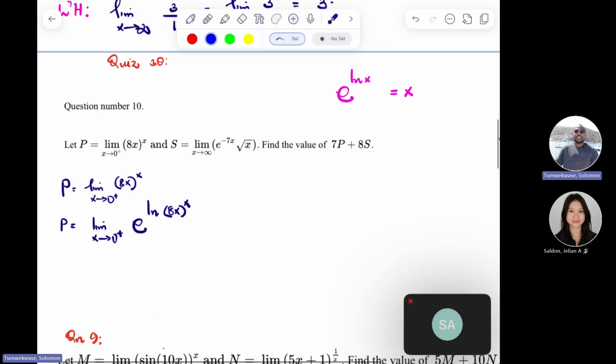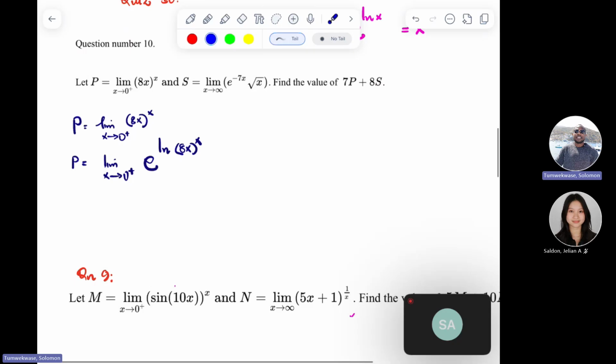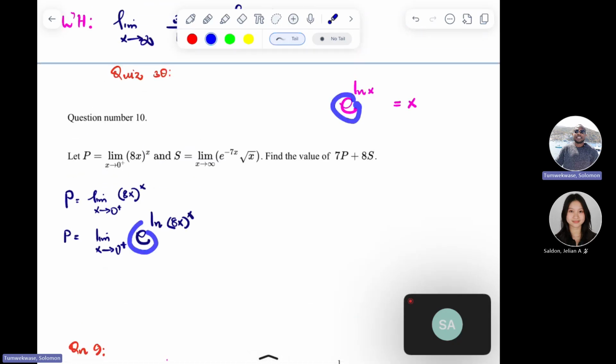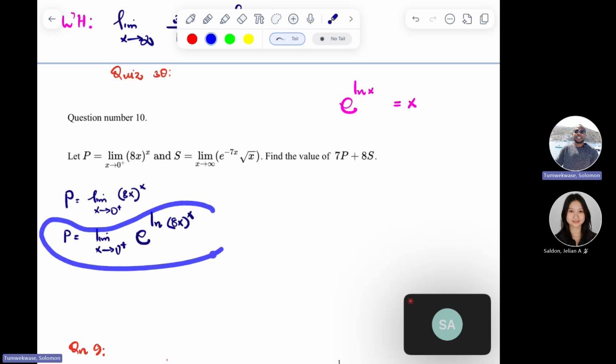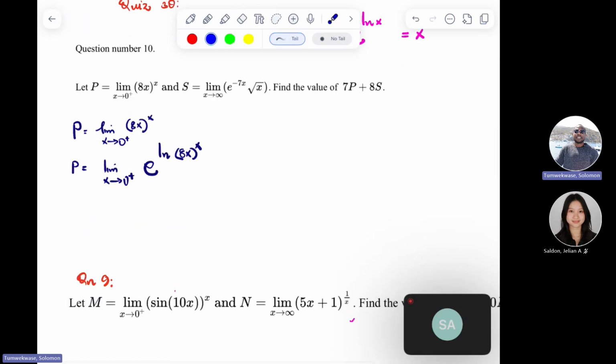I'm using the fact that e to the natural log of anything remains that thing. So in other words, this first step and the second step are exactly the same. I have not changed anything. I hope you can see that.